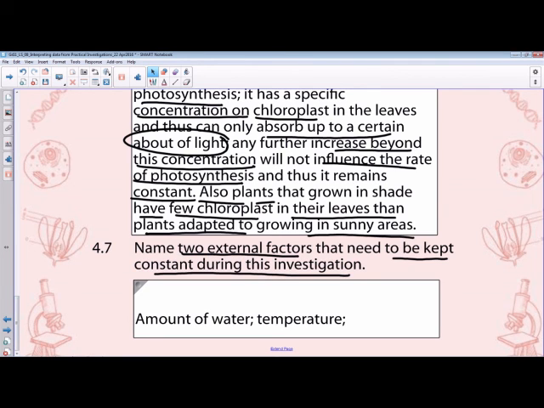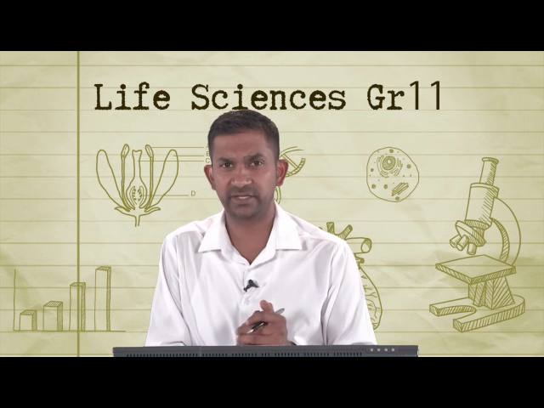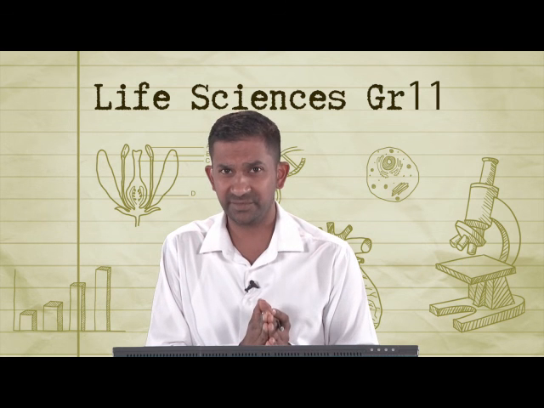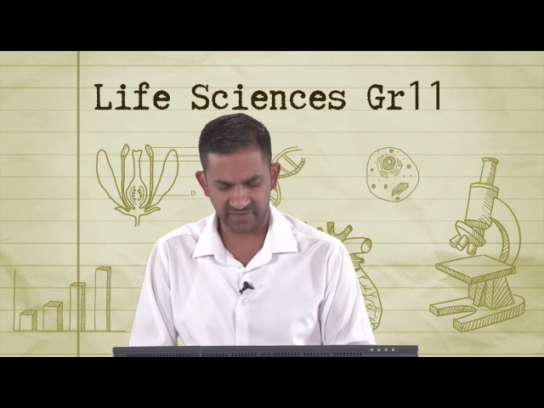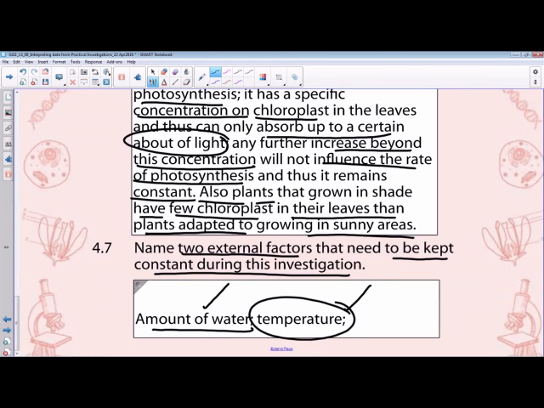We know that water will influence the rate of any reaction, and water is required for photosynthesis. We also know that temperature can affect the rate of the reaction. So in order for us to ensure that this experiment is fair and reliable, we've got to control the amount of water that is provided. We've got to maintain a constant temperature, because both water, temperature and light intensity affect the rate of photosynthesis.